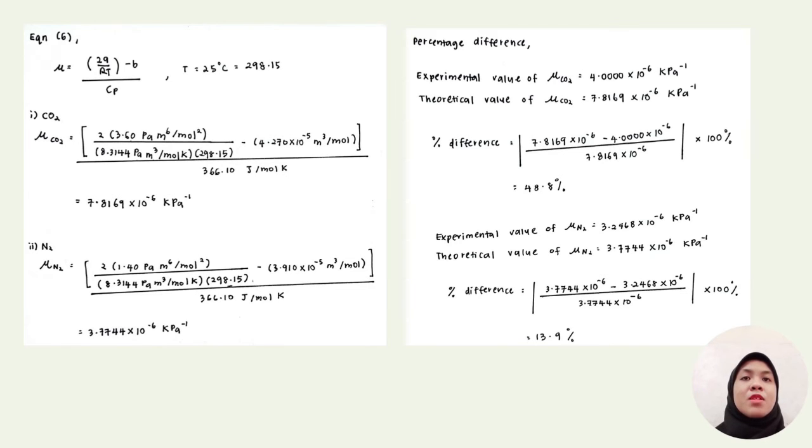So the percentage difference for the Joule-Thomson coefficient of carbon dioxide we get is 48.8%, and for the percentage difference of nitrogen gas, we get 13.9%.